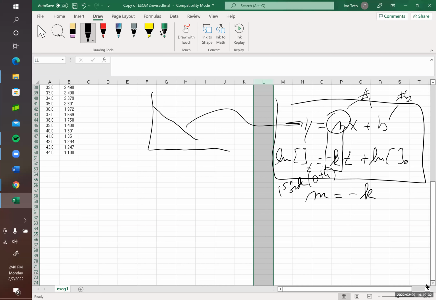Now, if the linear plot was 1 over concentration versus time, then it would be second order, and the second order integrated rate equation looks like this.